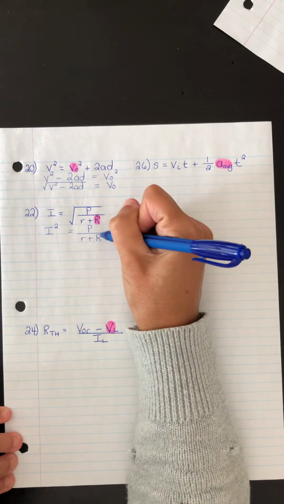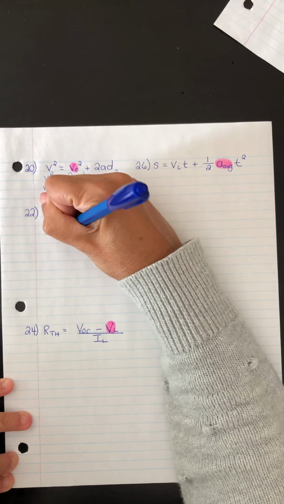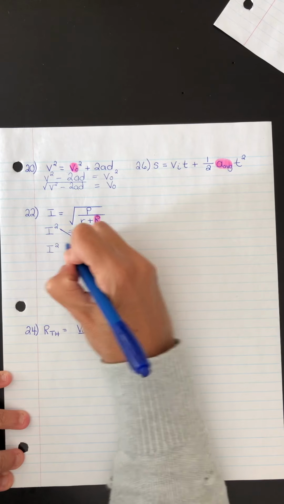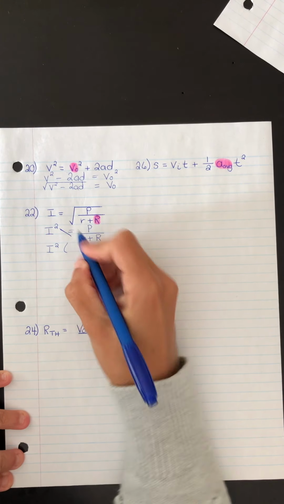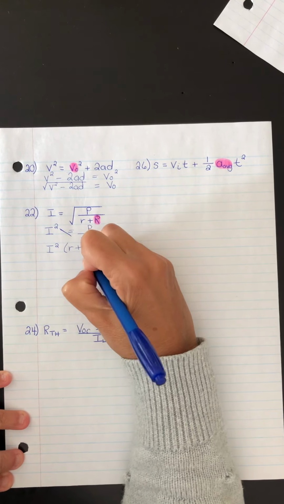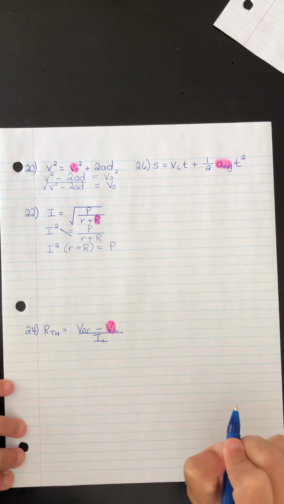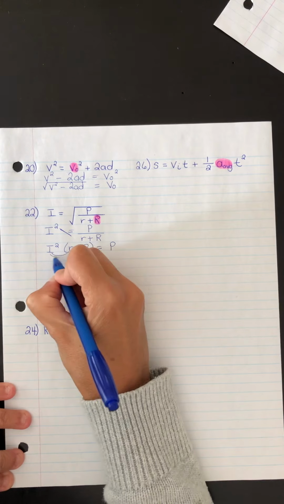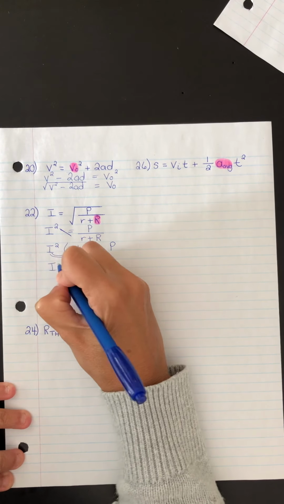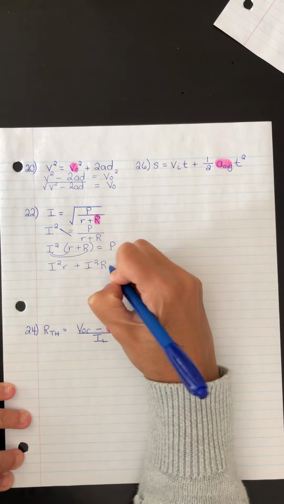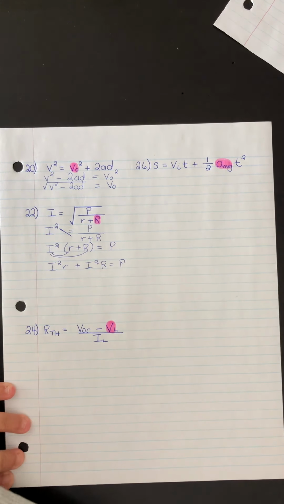The variable's in the denominator. We do this multiplication now. It's a binomial, so make sure you introduce a bracket here. Open up your bracket. Like this.